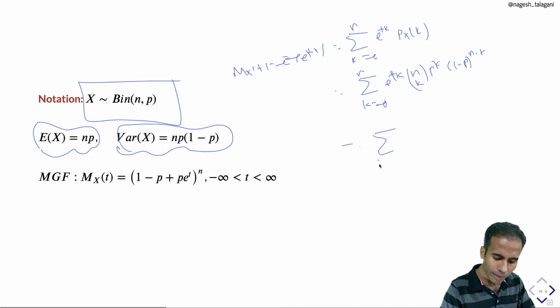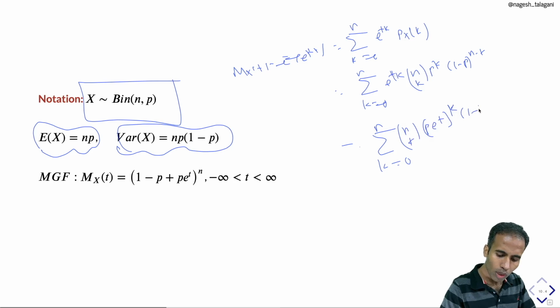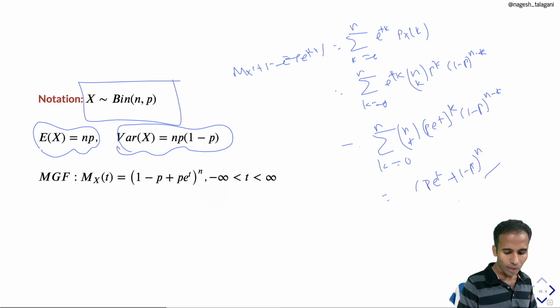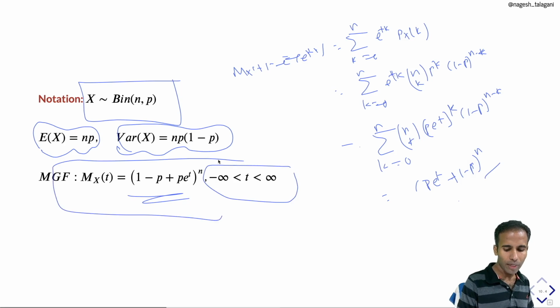Now this we can rewrite as the summation k equal to 0 to n of n choose k (p e^t)^k (1 minus p)^(n minus k). Again, using the binomial theorem, we can write (p e^t plus 1 minus p) all to the power of n. That is why the MGF is (1 minus p plus p e^t) all to the power of n, which makes sense for any t from minus infinity to infinity. Okay, this is the MGF.